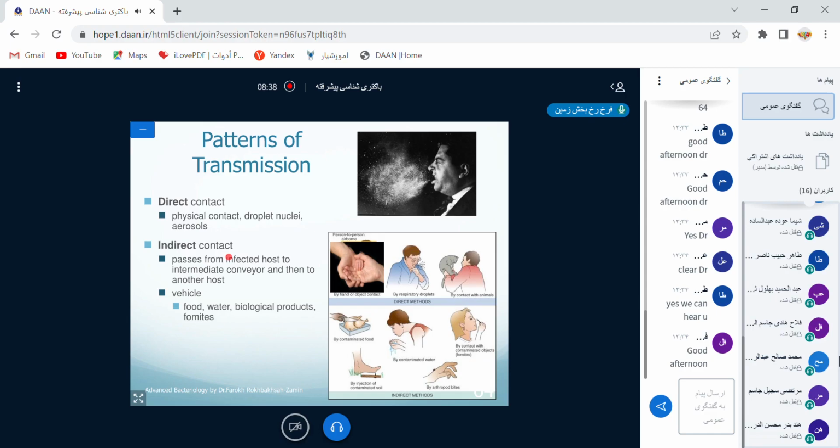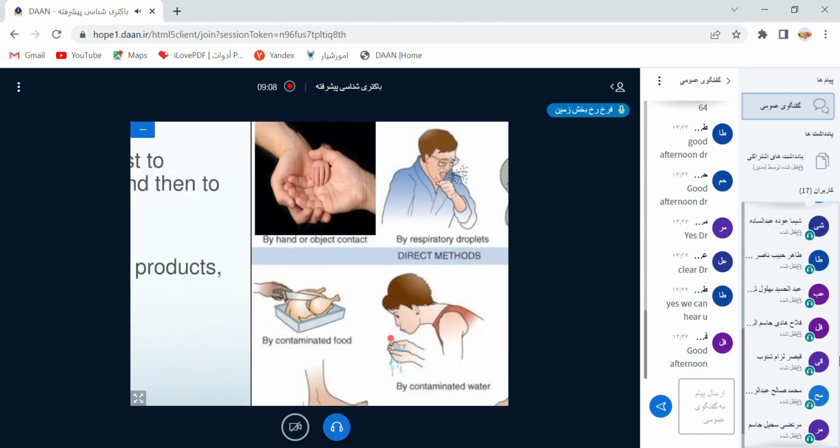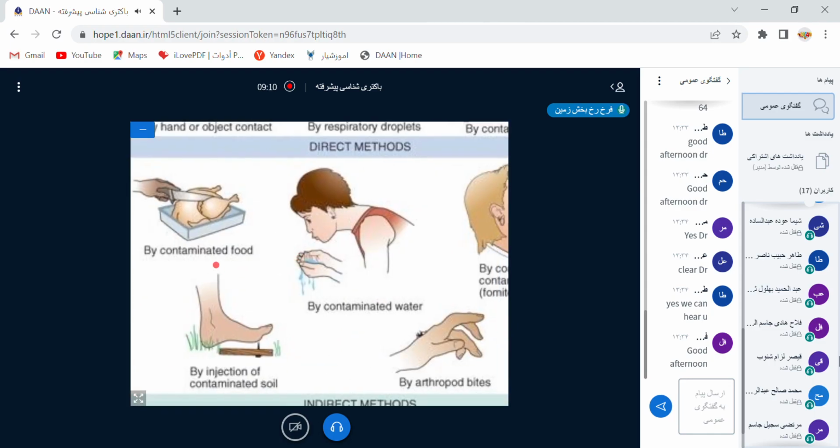Indirect contact passes from an infected host to an intermediate conveyor and then to another host. And there are many vehicles for indirect transmission: food, water, biological products, and vomits.